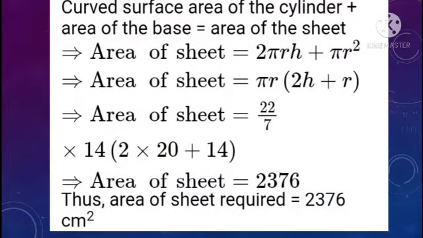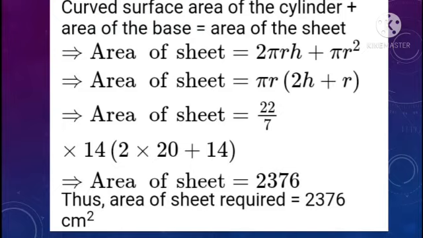We want to find out the curved surface area of the cylinder plus area of the base, that is equal to area of the sheet. So area of the sheet is equal to 2 pi r h plus area of the base is equal to pi r square. So 2 pi r h plus pi r square. Therefore, area of the sheet is equal to pi r common. So we will take out the pi r into bracket 2h plus r.